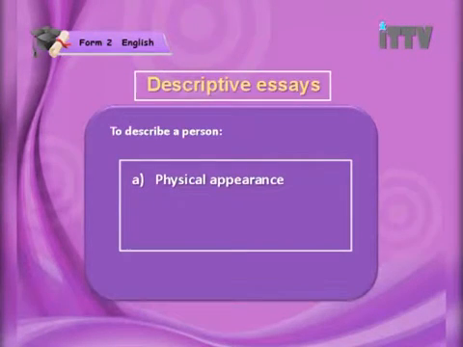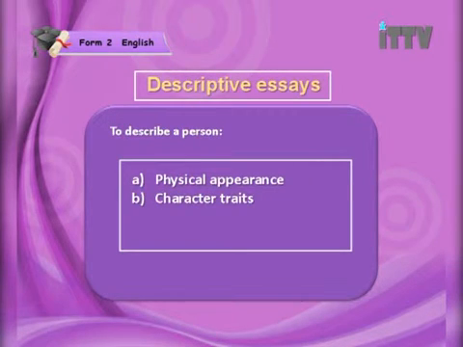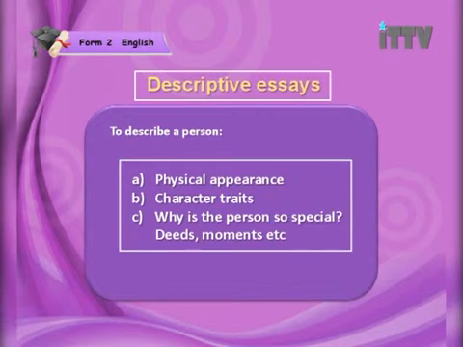Now, you have to start with the physical appearance of a person, and that is followed by character traits. And then comes the reason why this person is so special. Maybe the person had special deeds done or had special moments in his life.